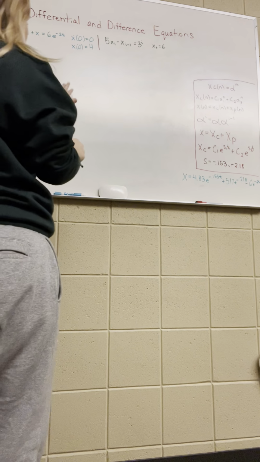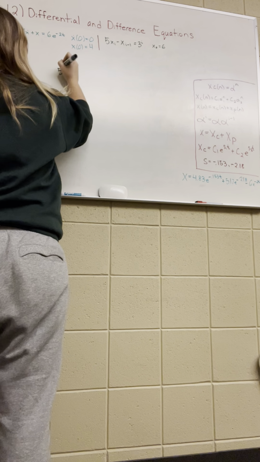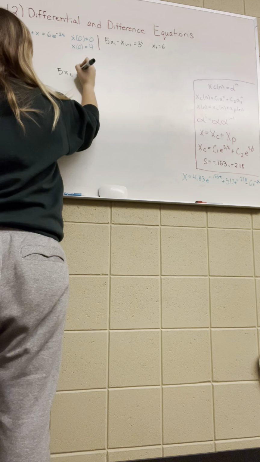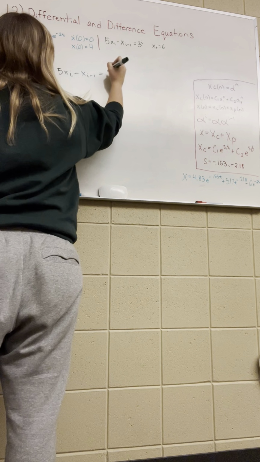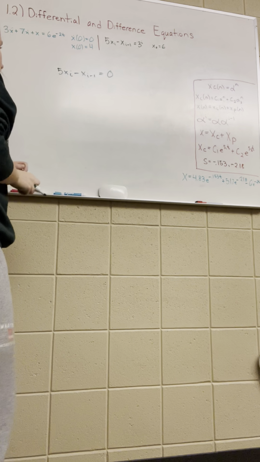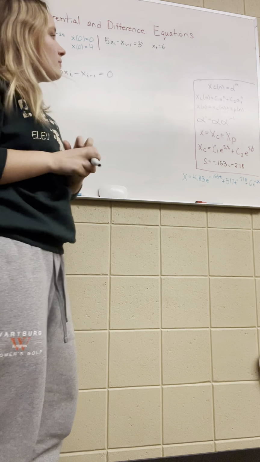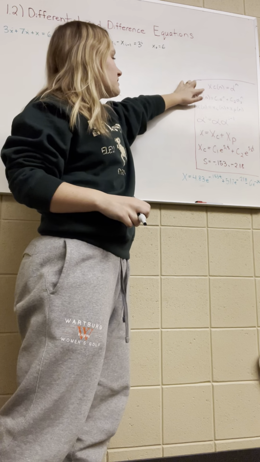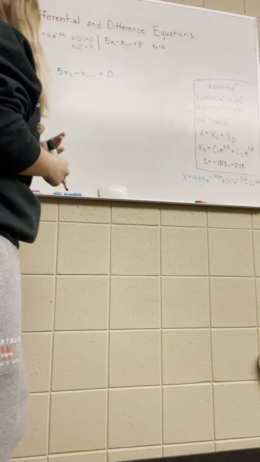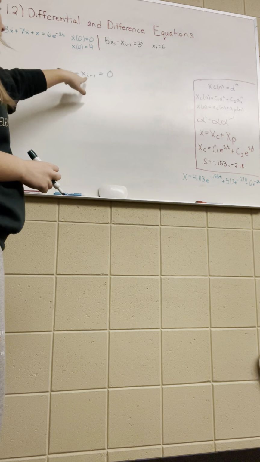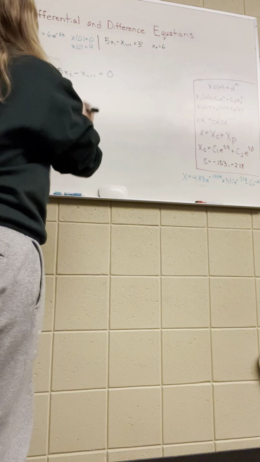Now for a difference equation, the first step that you can do is actually set it equal to 0. It's 5x_i minus x_{i-1} equals 0. And then over here, I have a little equation sheet in the pinkish red, and it actually says that x_c of n equals alpha to the nth power, which means that all these i's, like i and i minus 1, can actually become alpha to the i.